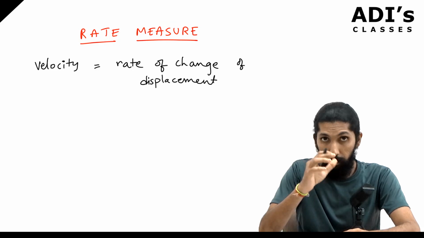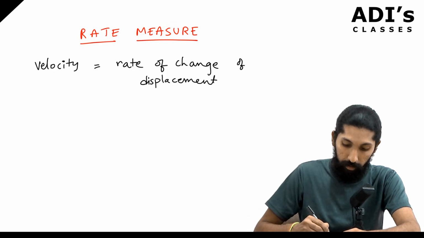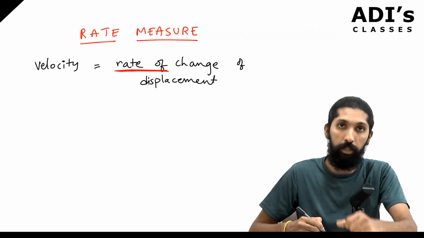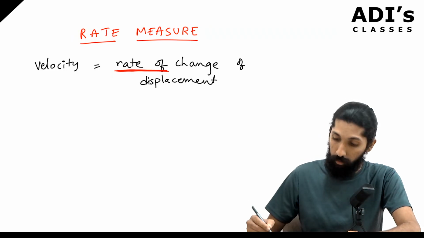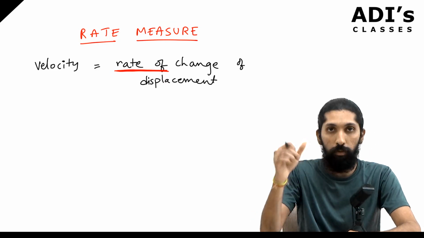Now, a very important part here, what you need to understand is you have rate of rate. Rate is basically the derivative application, all right? Or you can also say acceleration, rate of change of velocity.